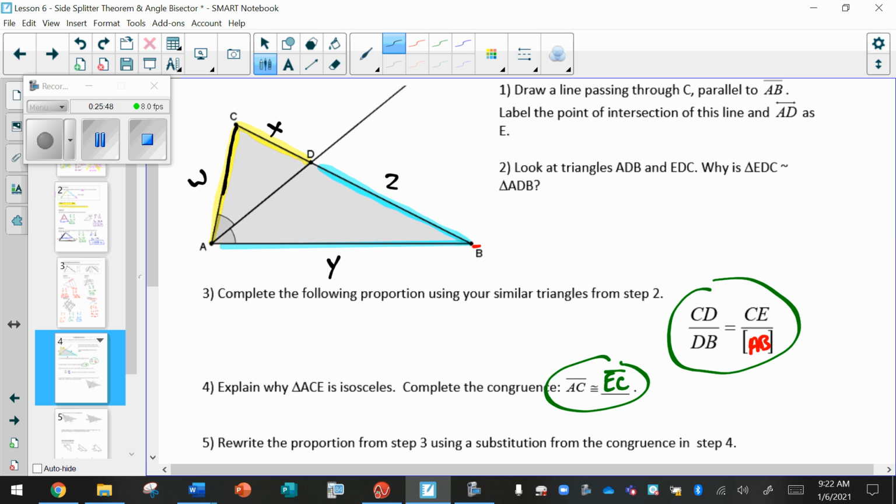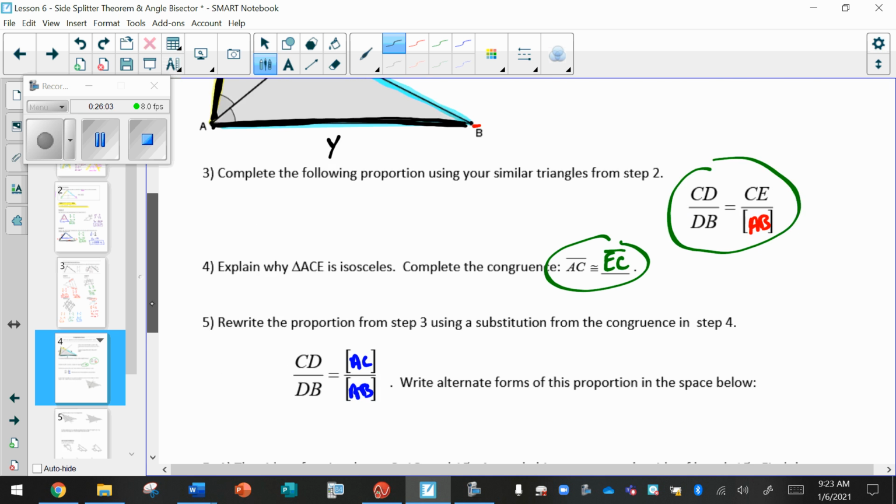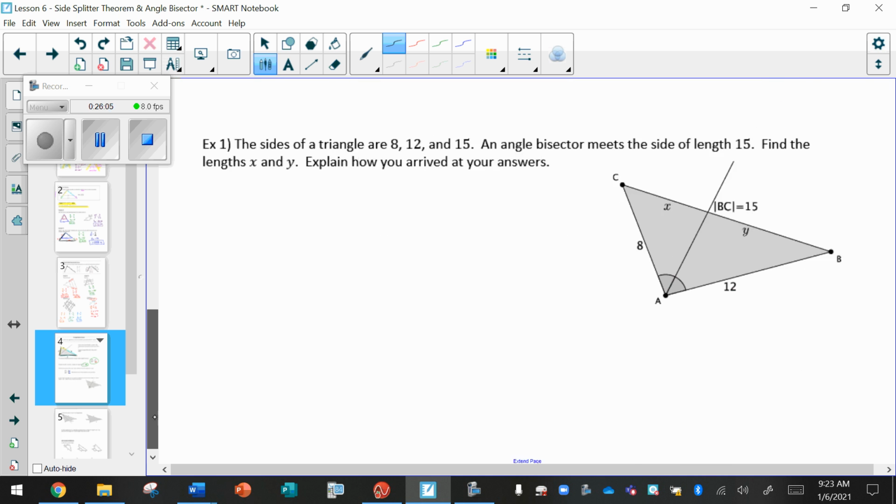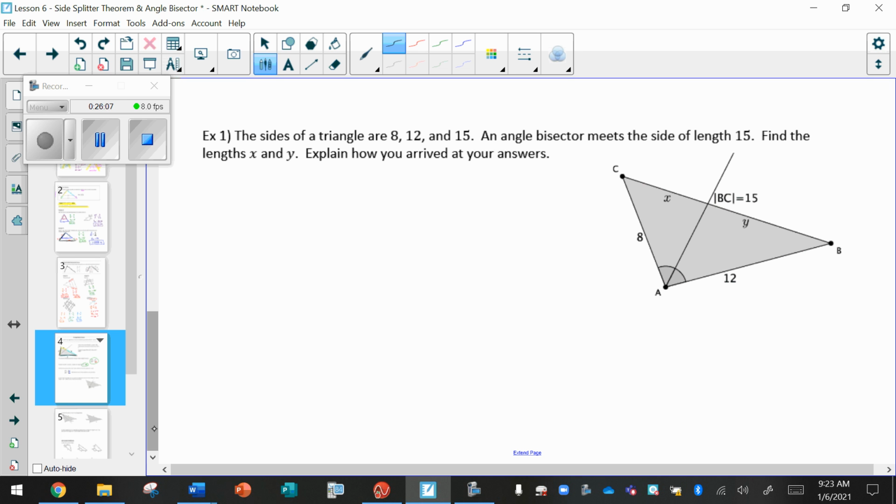So the angle bisector bisected the angle with side AC and side AB. Those sides have equal ratios with the parts of the segment that was opposite the angle that was bisected. Now, that's the explanation behind it.